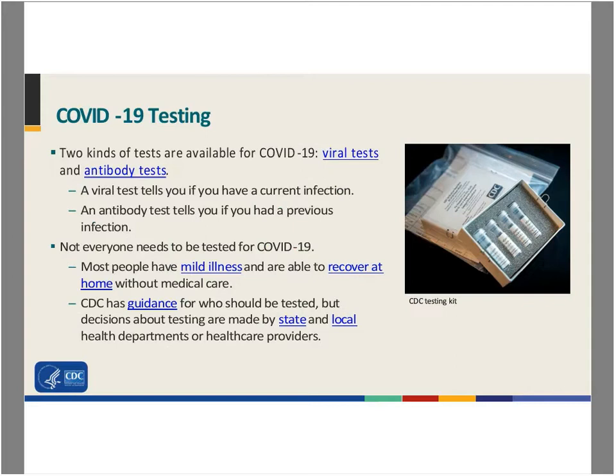The difference here is that a viral test tells you if you have a current infection, and viral tests include molecular tests, RT-PCR tests, nucleic acid tests, and antigen tests. Those all fall under the broad category of viral tests that are diagnostic. The other big category of tests is antibody tests, which tell whether you have had a previous infection.